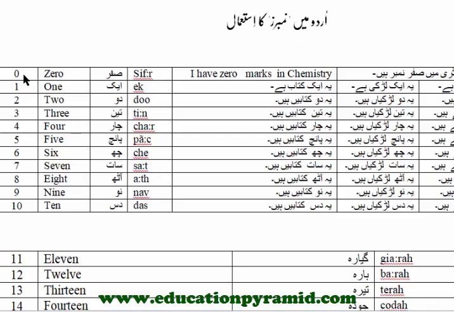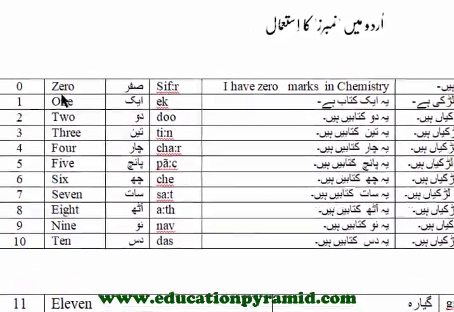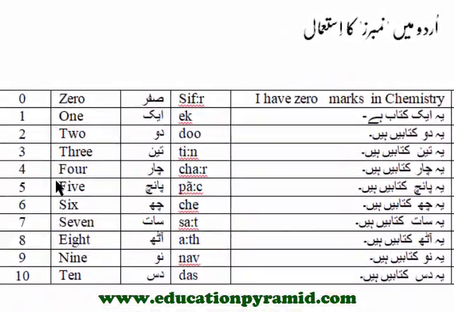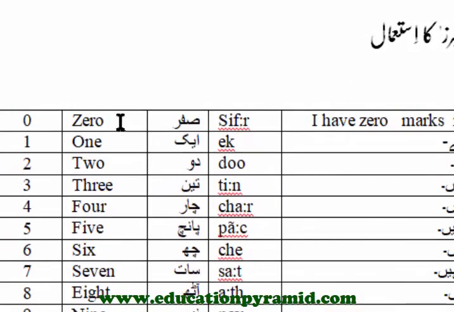If we see the first column, here we have numbers from 0 to 10. So in Urdu, for 0 we use sifar. For 1, ek, alif, ye and kaf, ek.